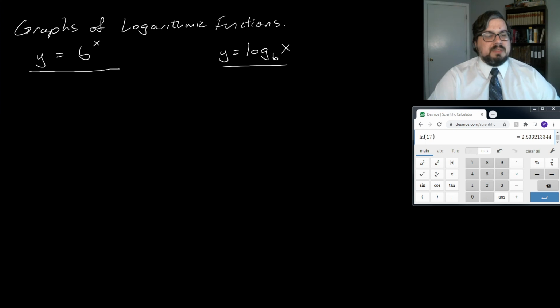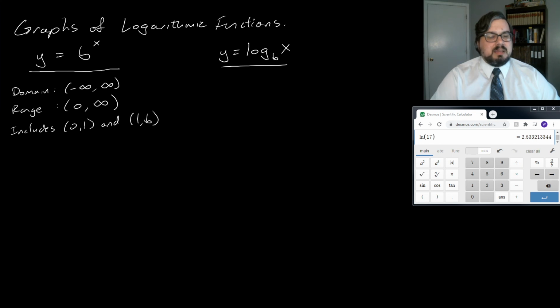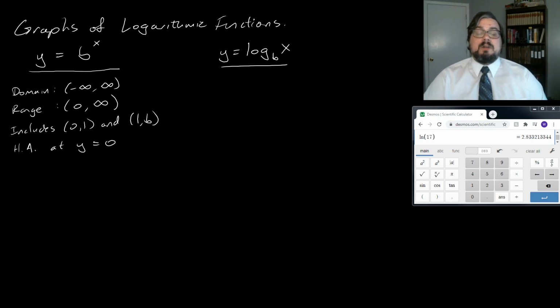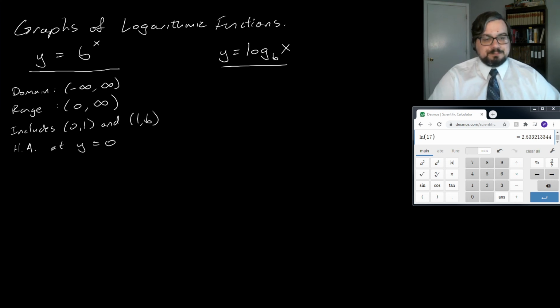So we know that the exponential function y equals b to the x has a domain of all real numbers. It has a range of all positive numbers. It includes the points (0, 1) and (1, b), and it has a horizontal asymptote at y equals 0. These are the 4 facts that I want to translate into information about the logarithm before we even plot points.